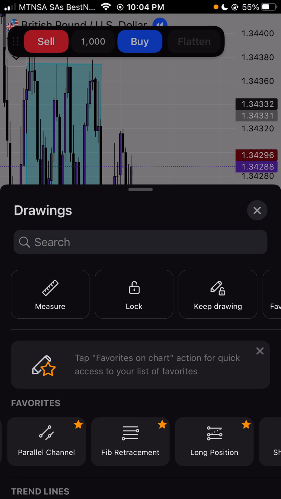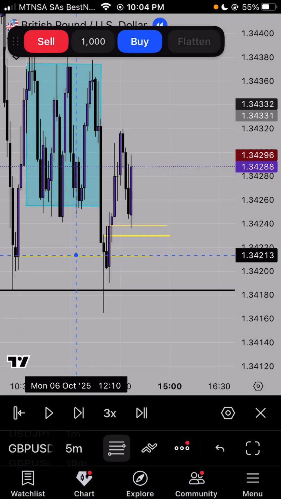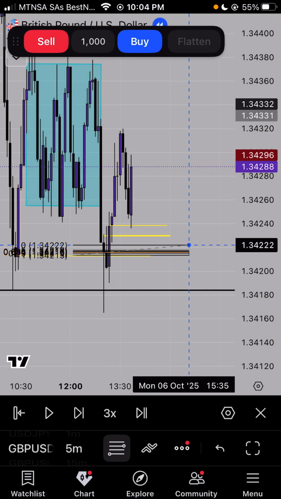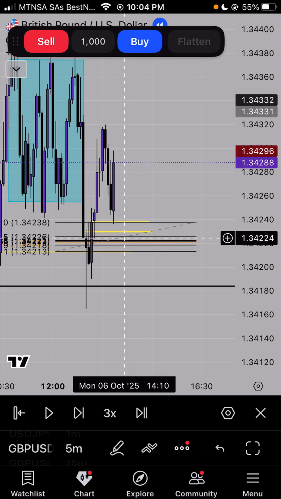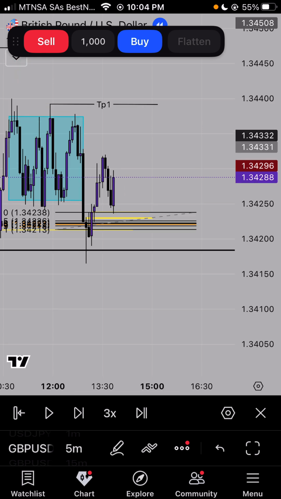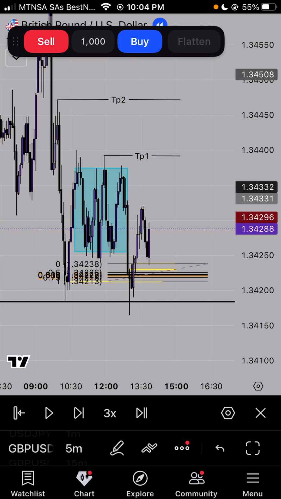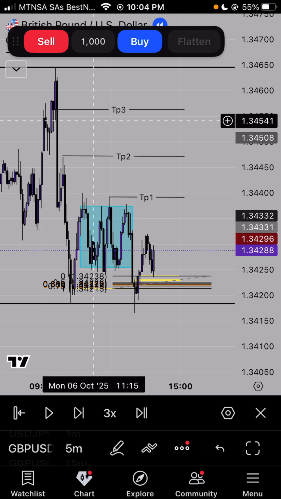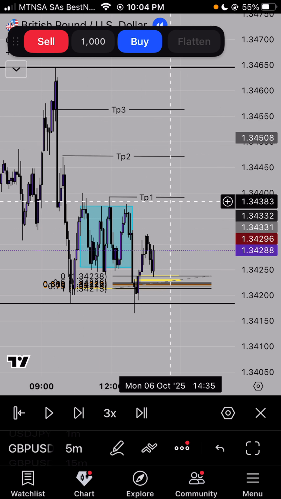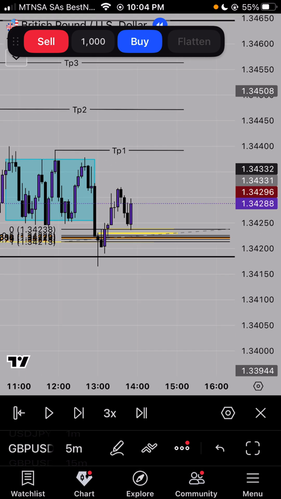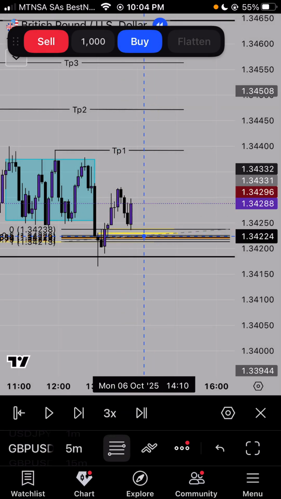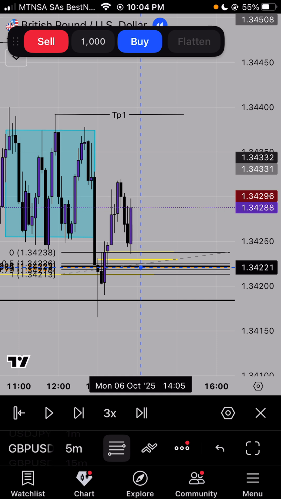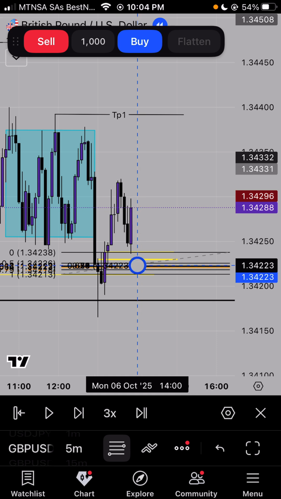So this is where Fibonacci comes in. Since we're looking for buys, you draw it from the low to the high of your confirmation. So this black line is where you look for your entries. And then, like I said, I aim for previous highs. These are all previous highs, that's why these are my take profit levels.